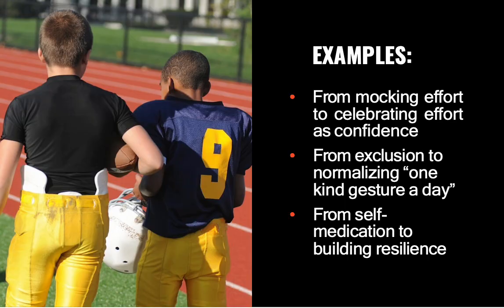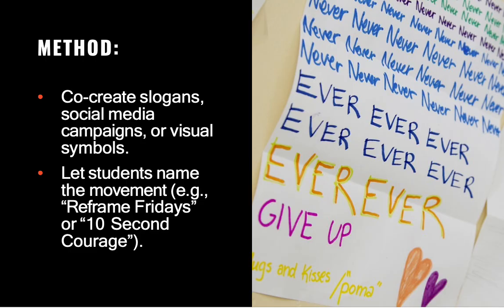Here's some examples: from mocking effort to celebrating effort as confidence, from exclusion to normalizing one kind gesture a day, from self-medication to building resilience. You can get together and co-create slogans, social media campaigns, or visual symbols, like kindness campaigns.